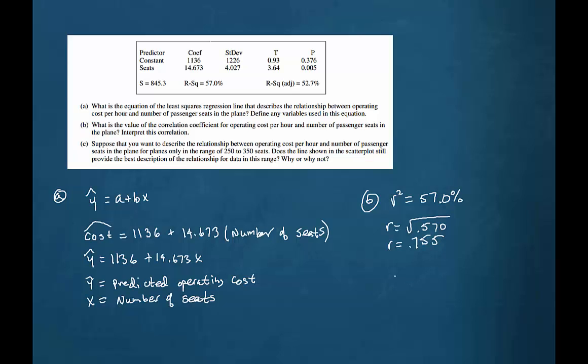We are to interpret this correlation, and there's a couple of ways that we might do that. We might say that there is a moderate to strong relationship between the number of seats and the operating cost per hour.